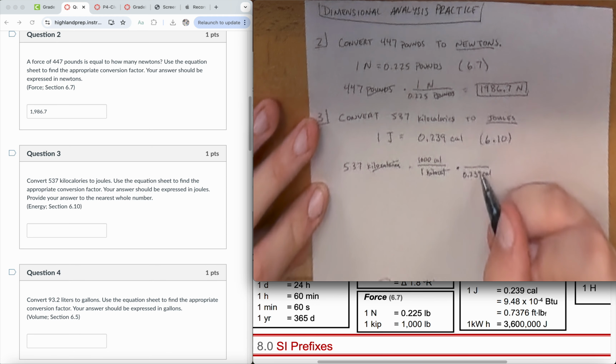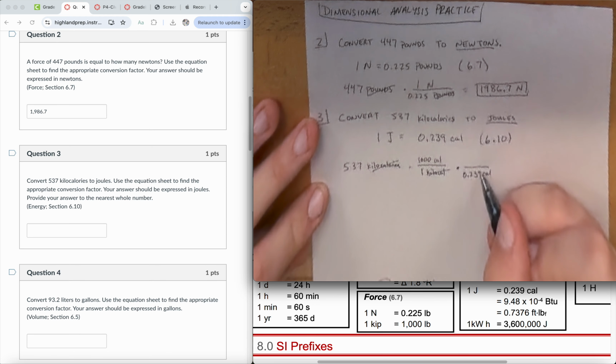Now I can plug this into the calculator. We have 537 times 1,000, which gives us 537,000. Now I can divide that by 0.239. Whenever I do that, I end up getting this pretty big answer, which is 2,246,861.925.